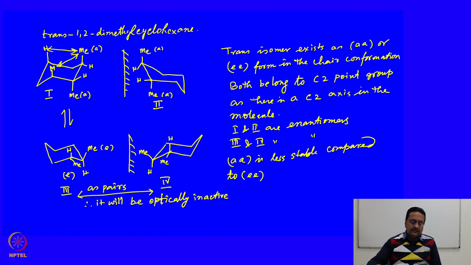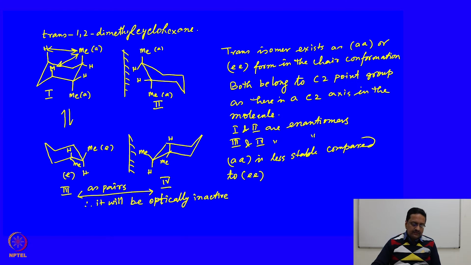That is why this 1,2-dimethylcyclohexane in trans form, although it will have 4 enantiomers, since they are not resolvable at room temperature, will be optically inactive.